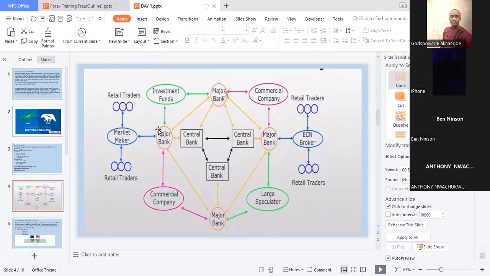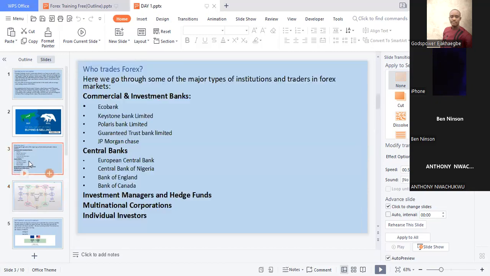The subordinate banks are the major banks, like the commercial banks. Are you with me? The market makers are the brokers, the intermediary or middleman between the individual investors and the banks. Are you with me?